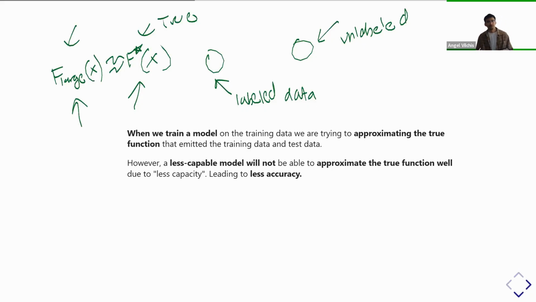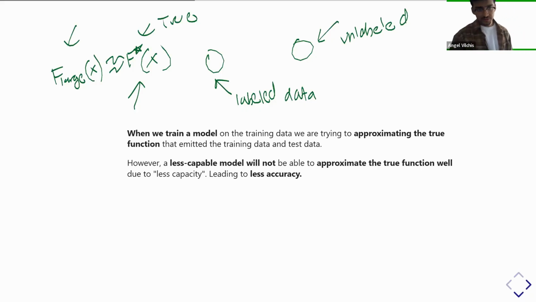Because if we label the unlabeled data with the large model, now we have a data set that is emitted by the large model's function. And if we train the small model on this new data, then it will be approximating the large model's function instead of the true underlying function.